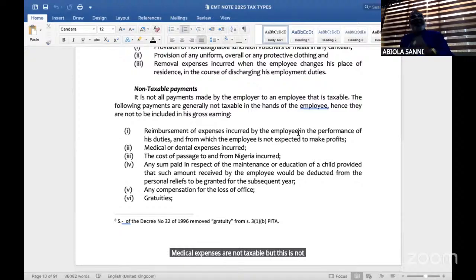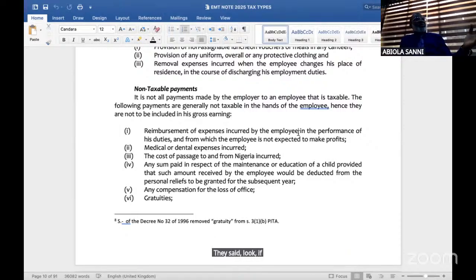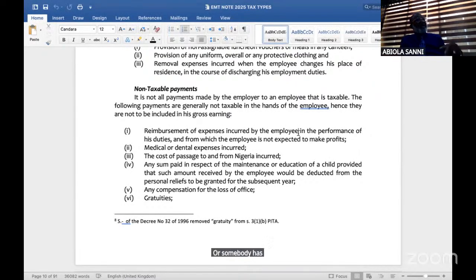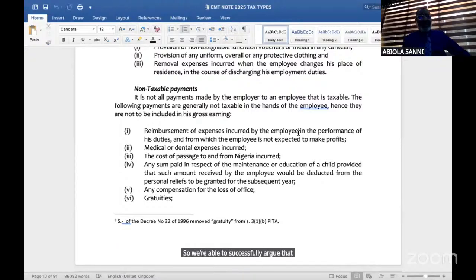This is an allowance. It is like a bonus. If somebody has gone to deliver and incurred some money, that will be medical expenses. If somebody is sick or has to do surgery, it will be. All your staff cannot have the same type of sickness, the same type of medical treatment, and cannot incur the same amount of money. So we were able to successfully argue that the amount is taxable.